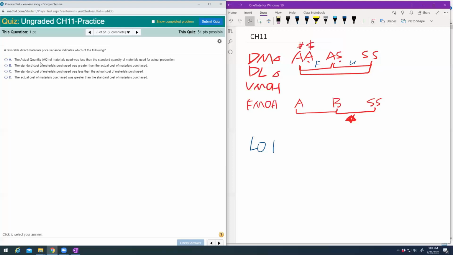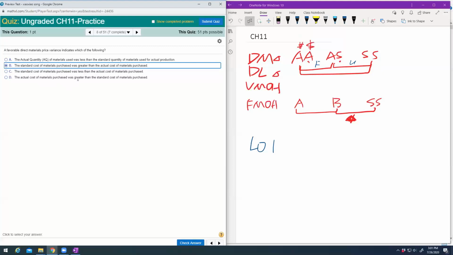The actual quantity? No, it's not about quantity, it's price. Standard cost of material purchased greater than the actual. Yeah, so that means your actual is lower than the standard, right? So your standard is higher, your actual is lower.